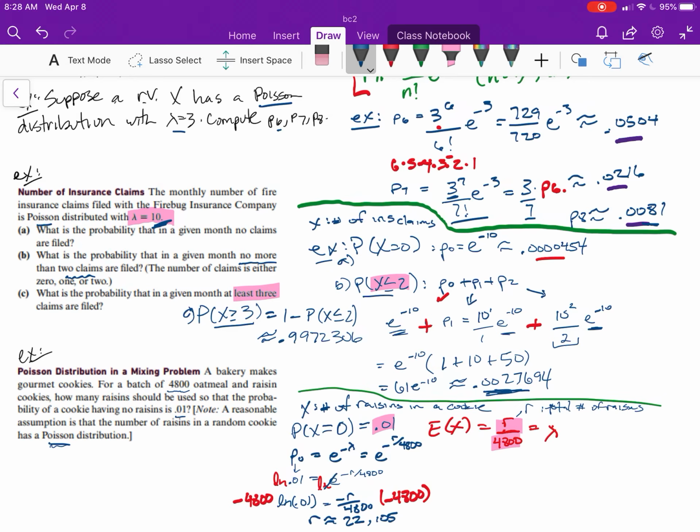You should use 22,105 raisins for a batch of 4,800 so that the likelihood of getting no raisins is that small, right? 0.01. Whoops, 22,105 raisins should be used.